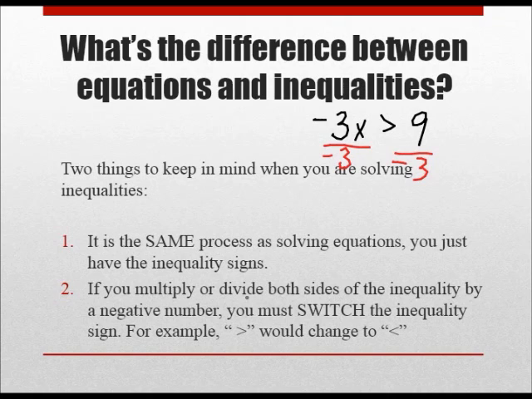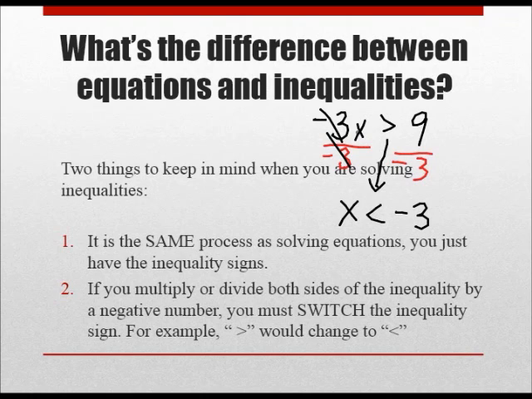So you've got to switch this sign. Instead of saying greater than, it's going to say less than. And you do everything else the same. -3 divided by -3 is 1. You're left with x is less than -3. 9 divided by -3 is -3.